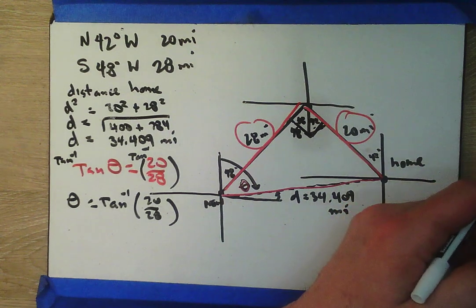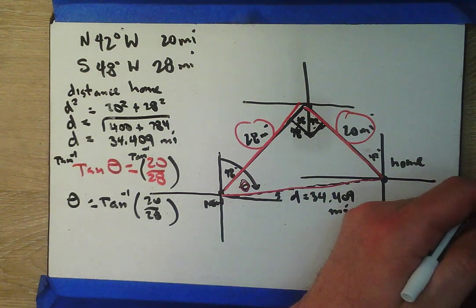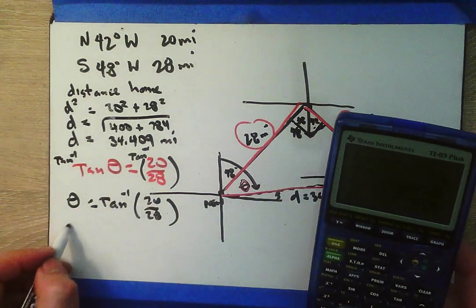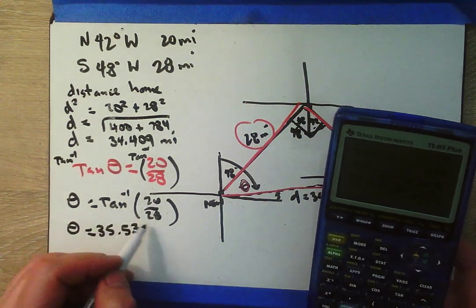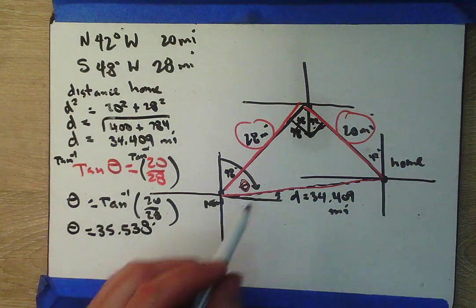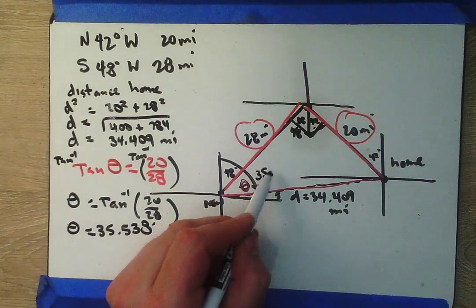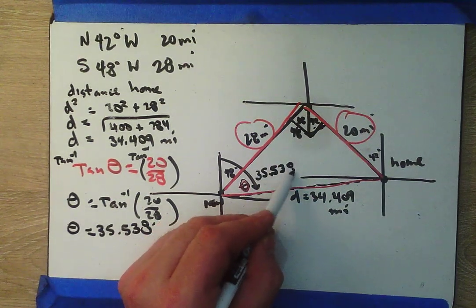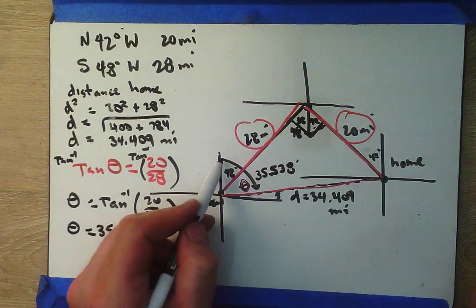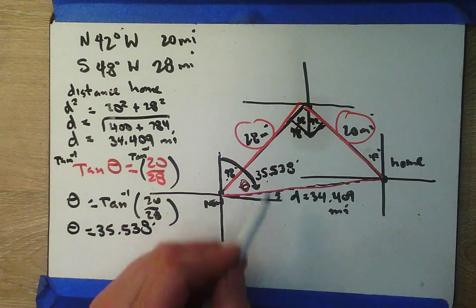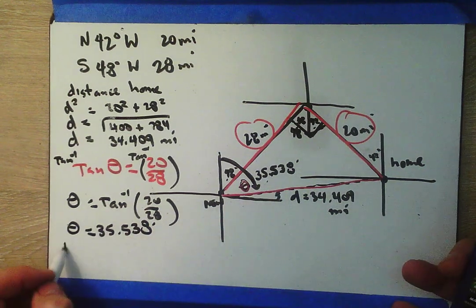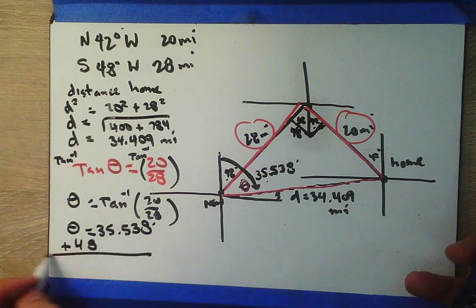on my calculator, turns out to be theta is 35.538 degrees. So this is 35.538 degrees here. My whole bearing angle is this 48 plus theta, plus 48.